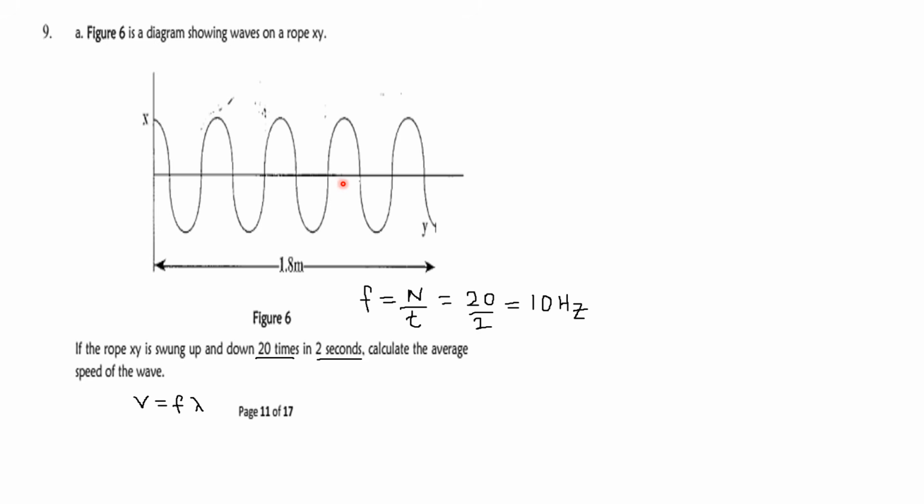So there are 4 waves here, and all of them are covering a distance of 1.8. That means the distance between any 2 identical points is going to be 1.8 meters divided by 4. That's going to give us the wavelength.